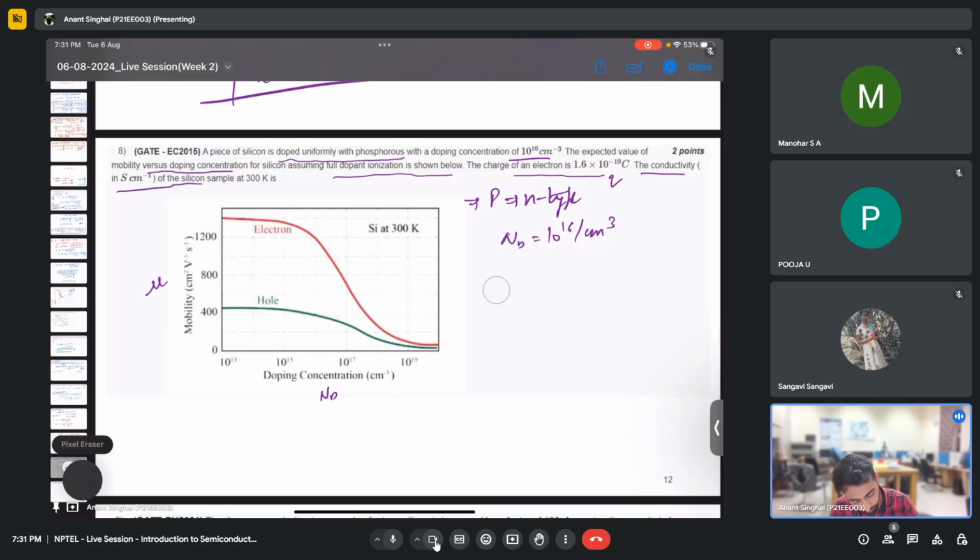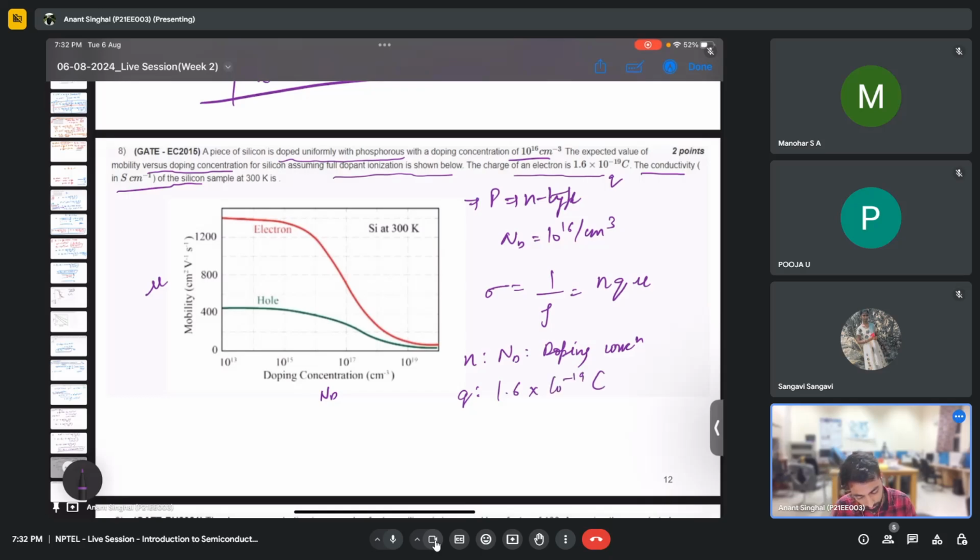Conductivity is sigma, which is equal to 1 by resistivity. And the conductivity of any n-type silicon is given by n q mu, where n is Nd, the doping concentration, Q is the charge, 1.6 times 10 raised to power minus 19 coulomb, and mu is the mobility.